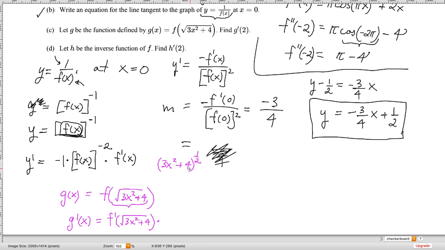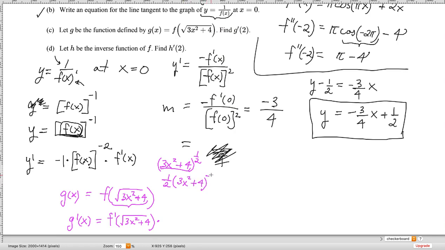So if you look again, I've got to use another chain rule on this, where this is the inside function. So that's now my new u. And it becomes 1/2 u to the negative 1/2.